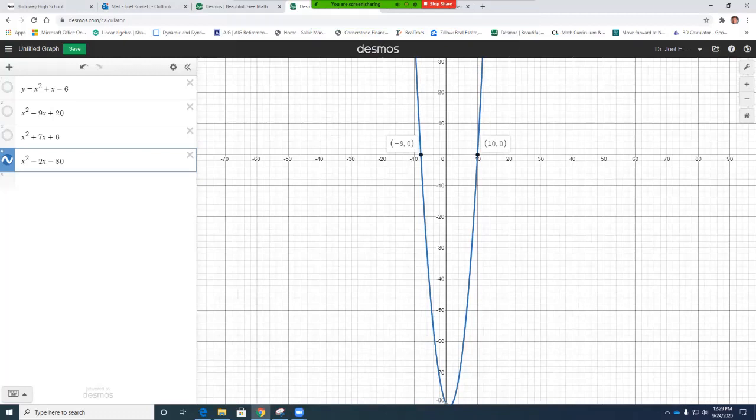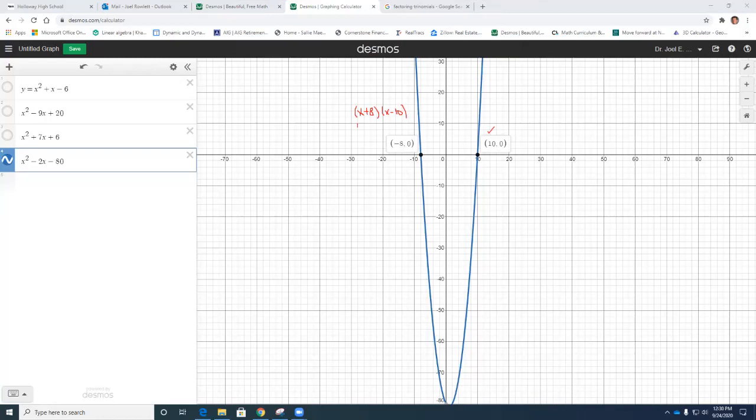And if I wanted to know what the equation might look like, just using those zeros, well, if negative 8 is a zero, then x plus 8 has to be a factor. And if positive 10 is a zero, then x minus 10 has to be a factor.